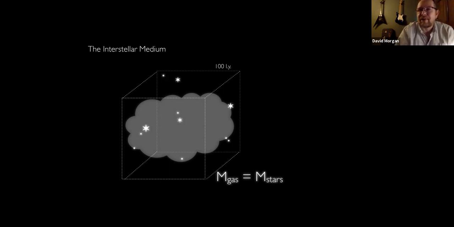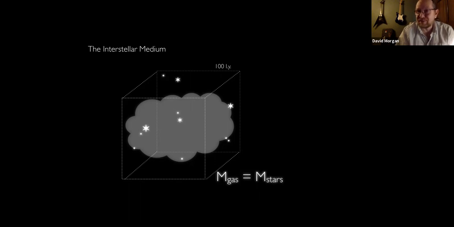So if we're asking what's the mass of a galaxy, which we'll be asking this really important question in a couple of weeks, you have to add up the mass of the stars, but you also have to add up the mass of the stuff in between the stars, and those are roughly equal. So about half the mass of a galaxy is, well, let me be careful because we haven't talked about dark matter yet. About half the visible mass of a galaxy is stars, and half the visible mass of the galaxy is the gas and dust between the stars.